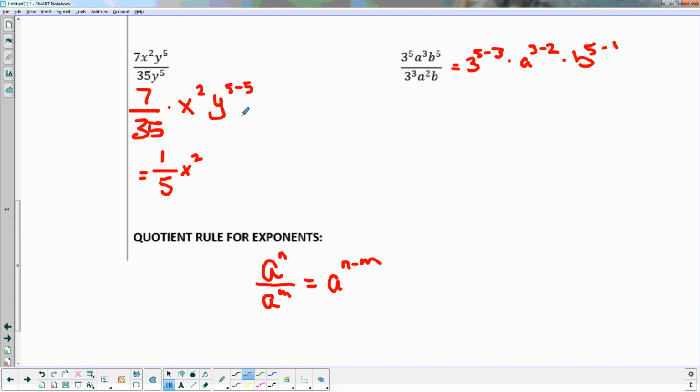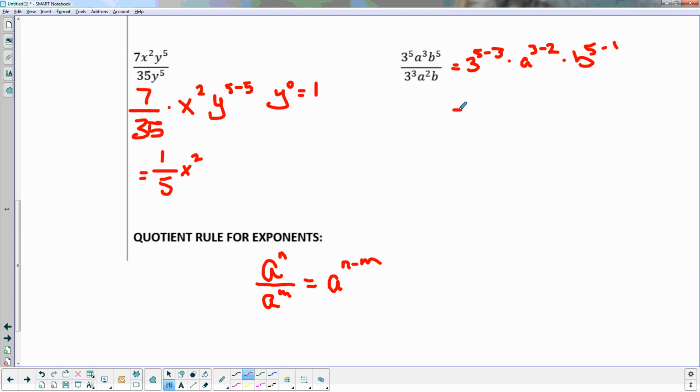It just has to stay with me. And then 5 minus 5 is 0, so this would be y to the 0. But what is y to the 0? Anything to the 0 is always equal to 1. And I don't even have to write that 1 because I'm dealing with multiplication here. So really, 1/5 x squared is my answer.